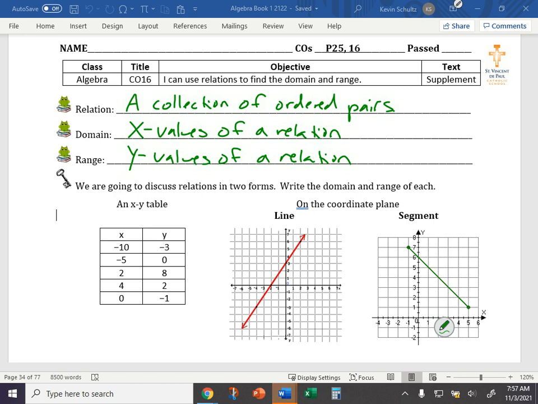You've probably seen this word before, talking about mean, median, mode. Right? What's the range in that context there, Andrew? Right. Okay, what's the difference between your highest and your lowest value? So there's a little bit different context of a similar mathy word. Okay, so when it asks for the range, and you're talking about coordinate plane stuff, relations, it's talking about the y values of that relation.